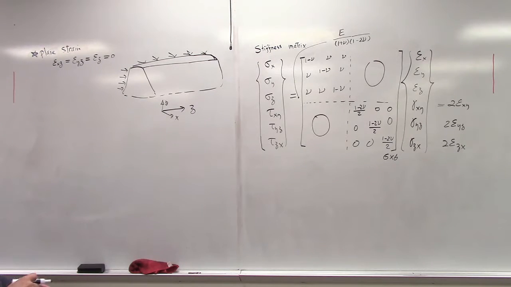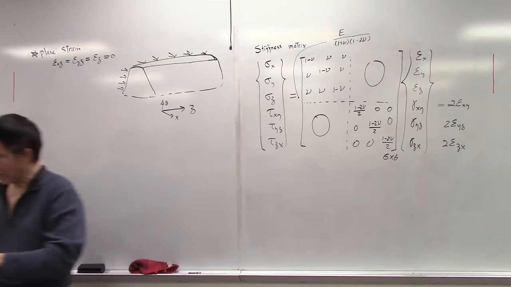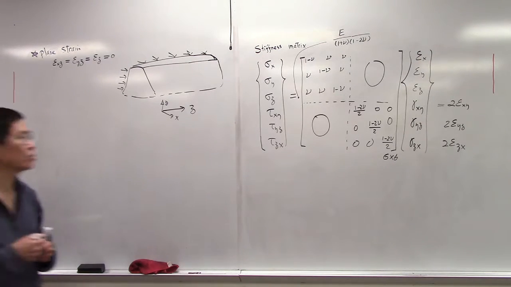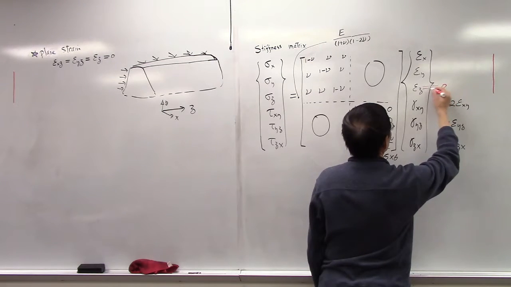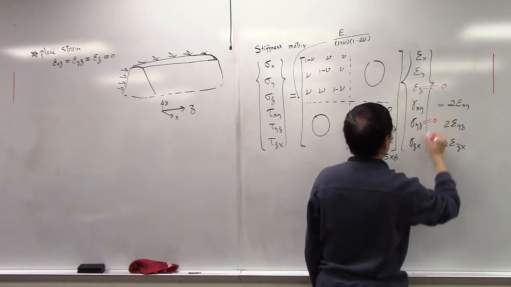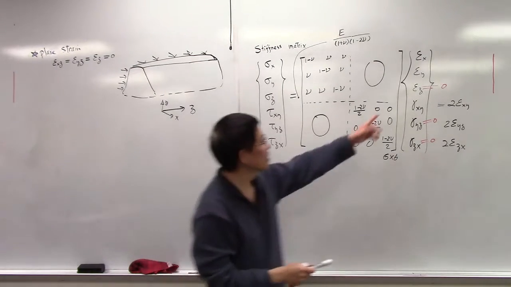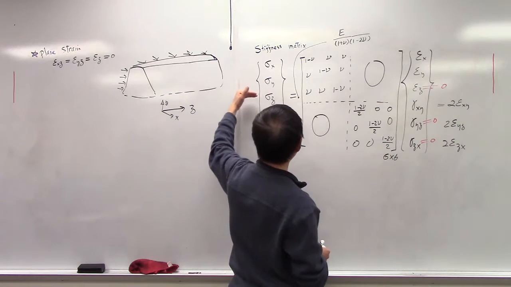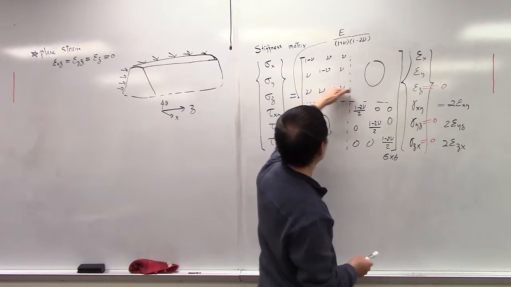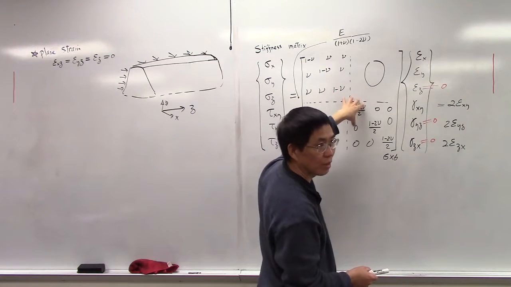That is plane strain. For plane strain, if you look at this expression, this is 0, this is 0, this is 0. Because of that, these three numbers are always 0. We can effectively cross out the corresponding columns and rows when we do the multiplication.